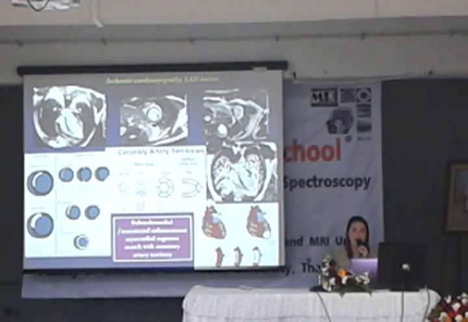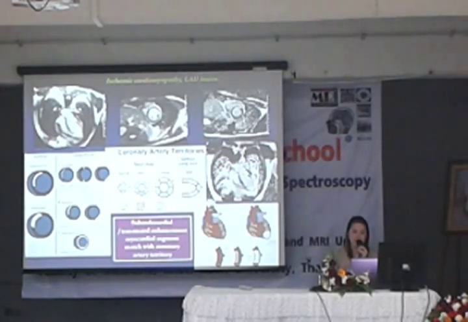We call this hypokinesia. And the myocardial delayed enhancement of this patient shows transmural enhancement, which matches the vascular territory of the LAD. So we expect that this patient should have an LAD lesion.